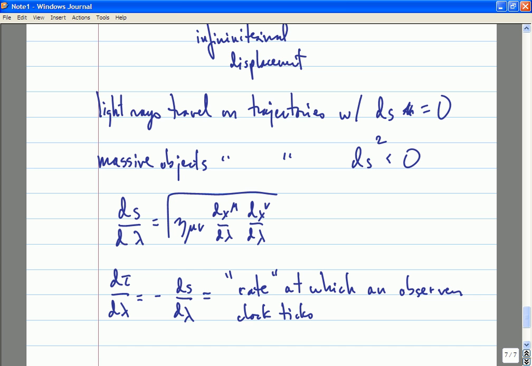And when I say the rate at which the observer's clock ticks, I mean the number of ticks as measured with respect to the coordinate lambda.